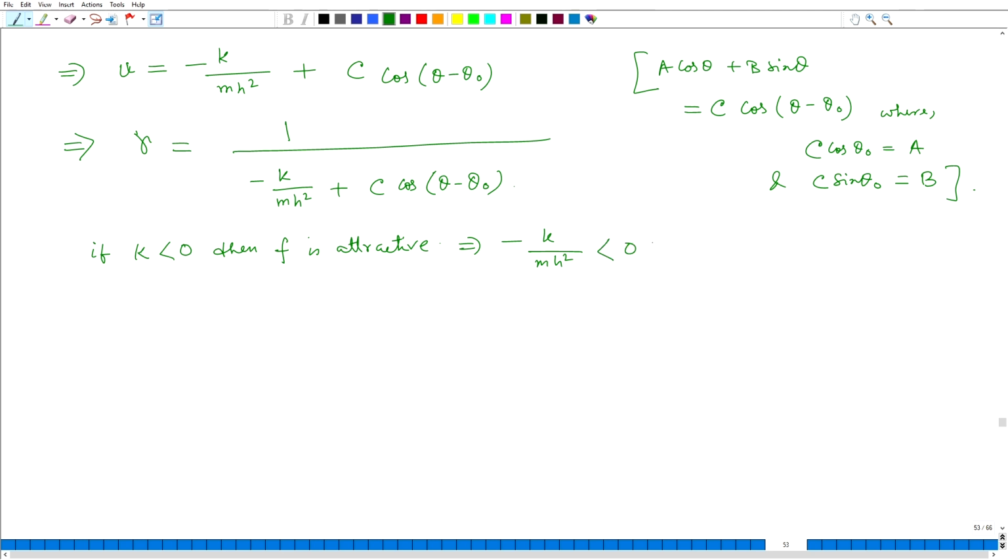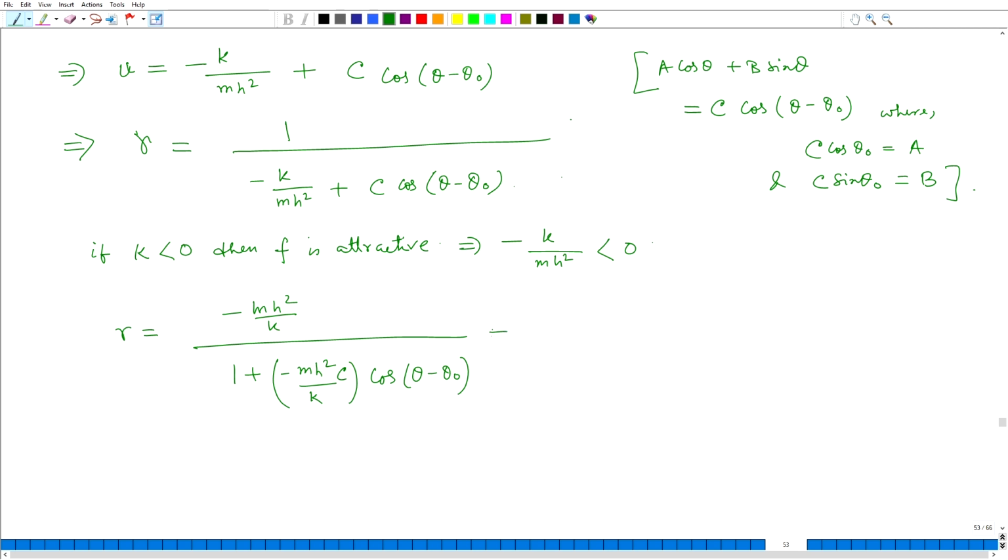So, what I can do is write r is equal to minus m h square by k by 1 plus, if you just check this, I multiply the numerator and the denominator both by minus m h square by k, and that will be minus m h square by k times c times cos theta minus theta 0.